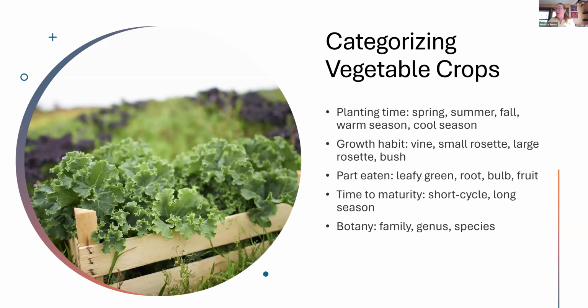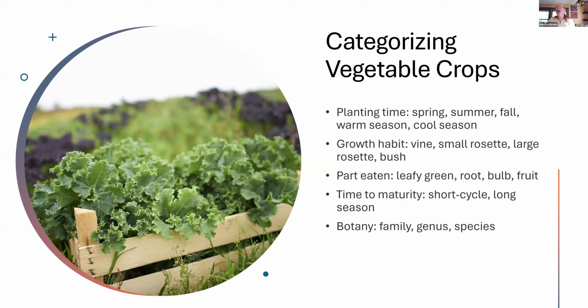So we do have a couple of ways of categorizing our vegetable crops as we think about them, and which one you use really depends on your objective. So you can categorize things by planting time, for instance. So we've got our spring crops that you might be looking at planting out now. So that would be things like lettuce, spinach, peas, onions.